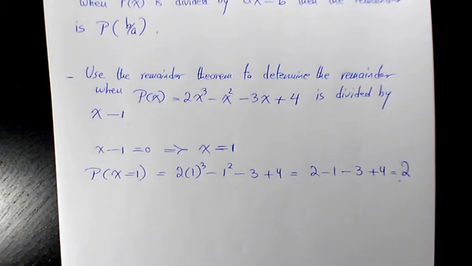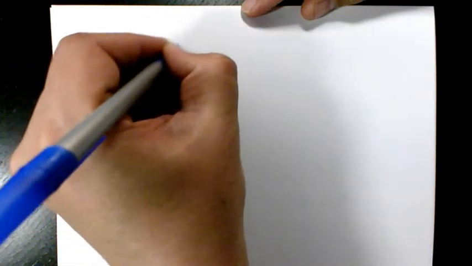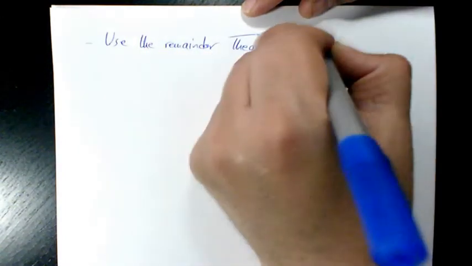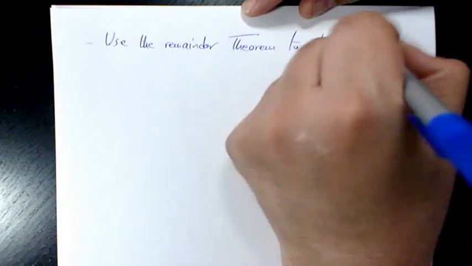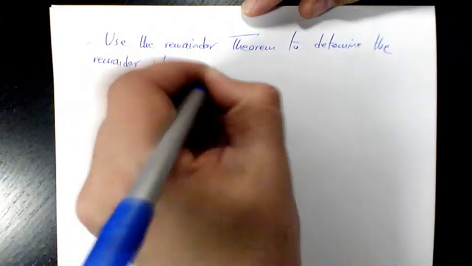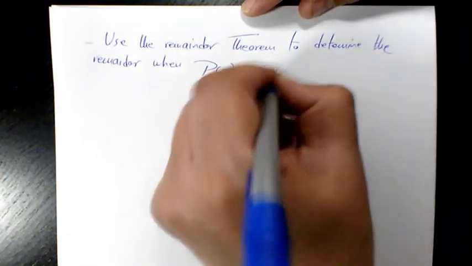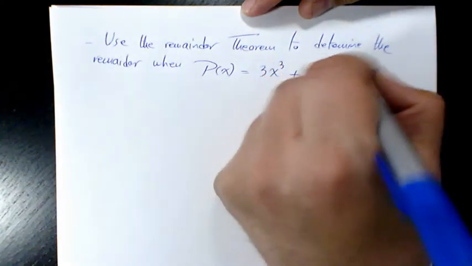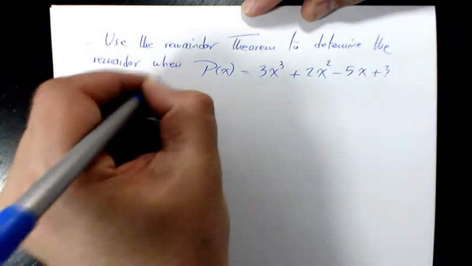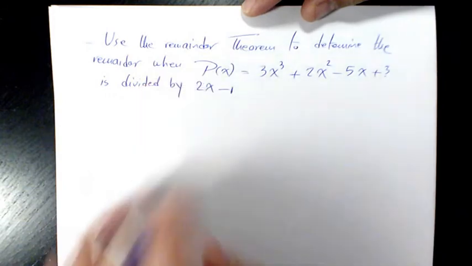Let's take a look at another example. Use the remainder theorem to determine the remainder when p of x is 3x cubed plus 2x squared minus 5x plus 3 is divided by 2x minus 1.